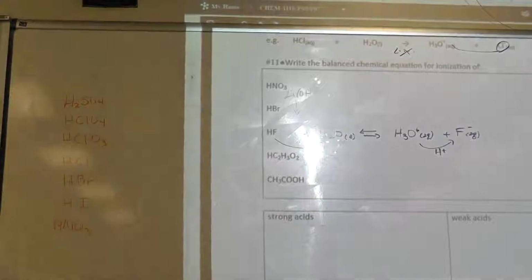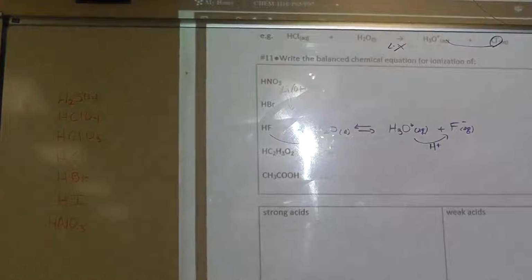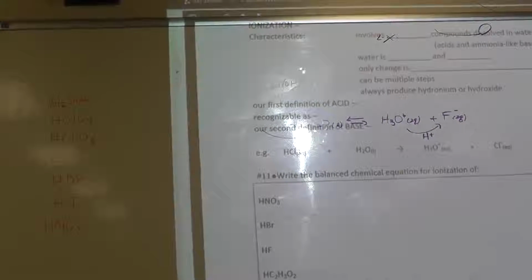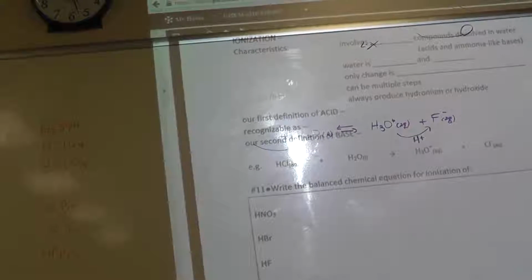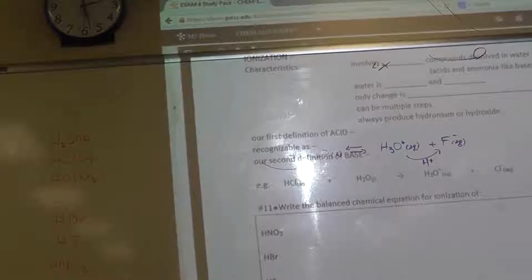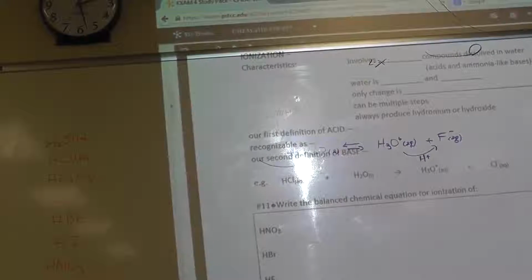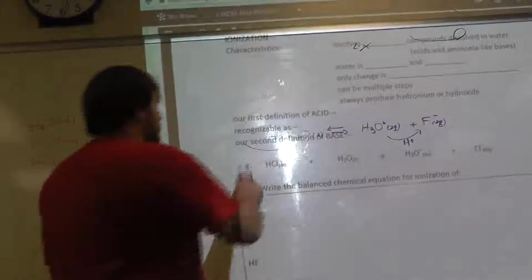Okay. Also on the sheet it says that there's a second definition of base. What is that? What was our first one? So your first definition of an acid is going to be your Brønsted. I'm talking about the base. Oh, well, there's one of each on there. It has acid and then base. Are you talking about the previous page?